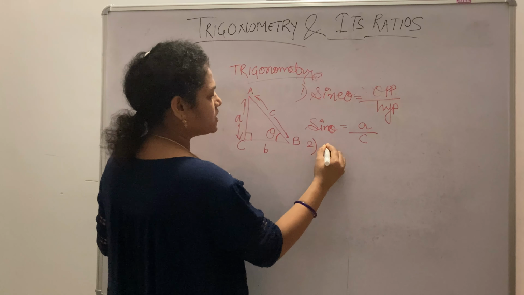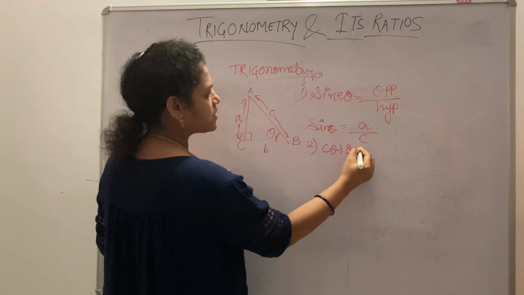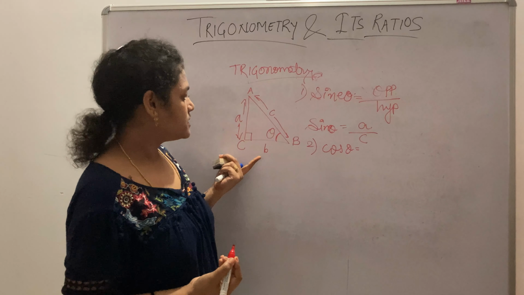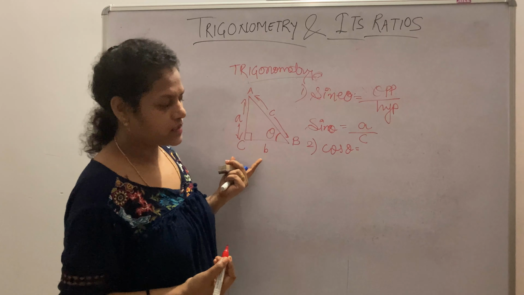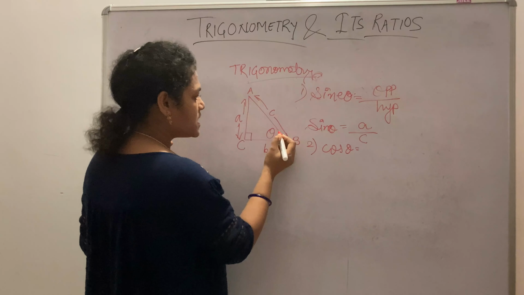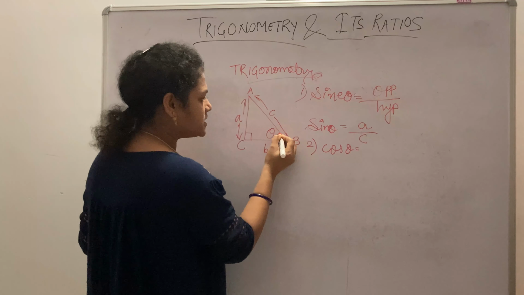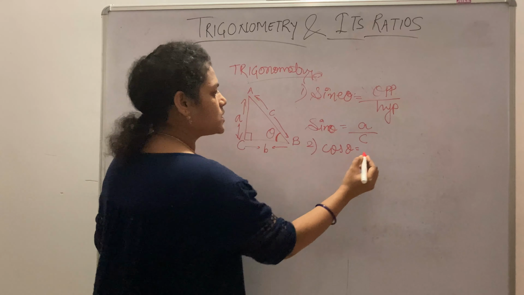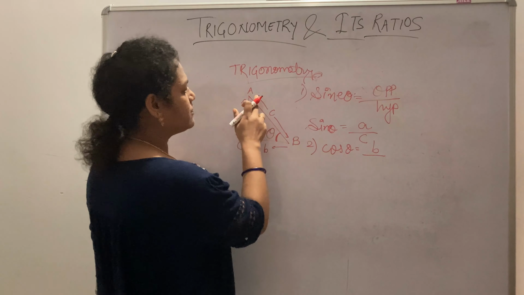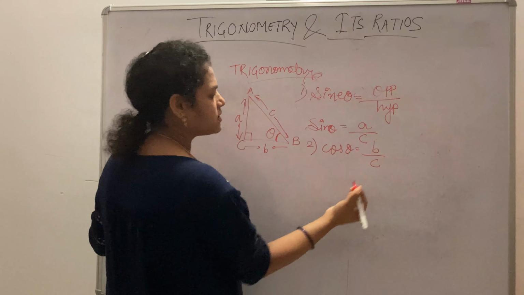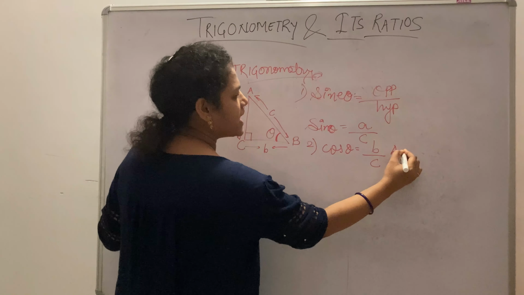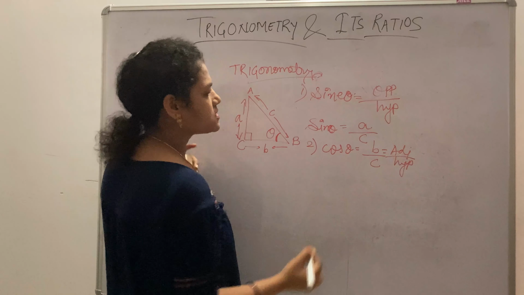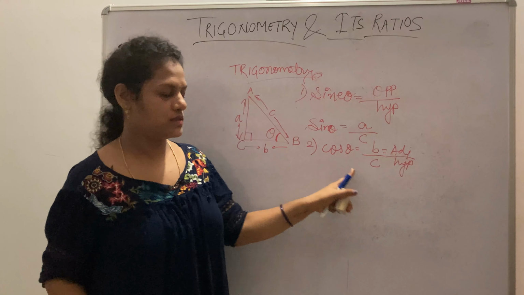Then my second one, cos theta. Cos theta says adjacent upon hypotenuse. Adjacent means the side adjacent to the angle theta, this B, and my hypotenuse is again C. So I can say adjacent upon hypotenuse is my cos theta.